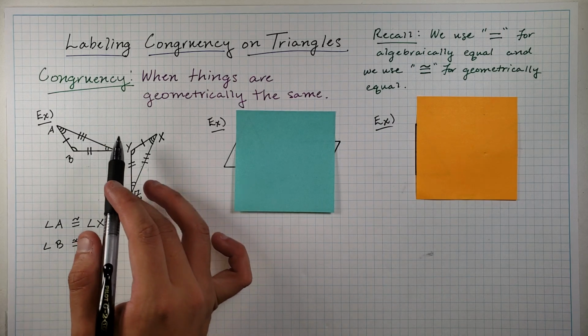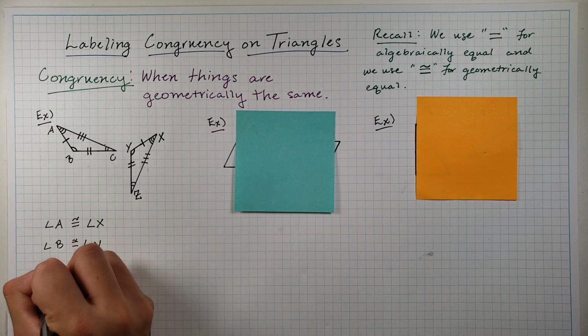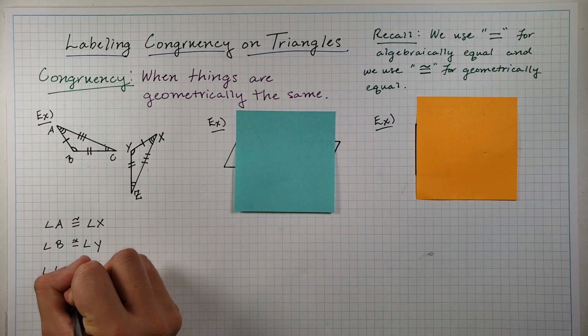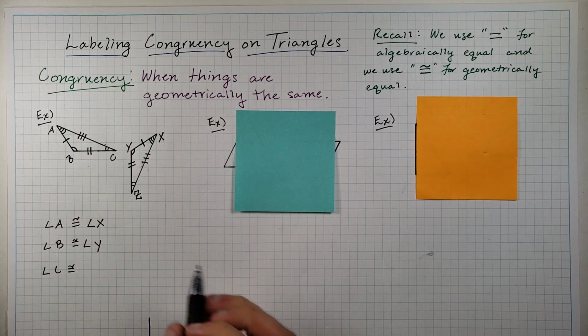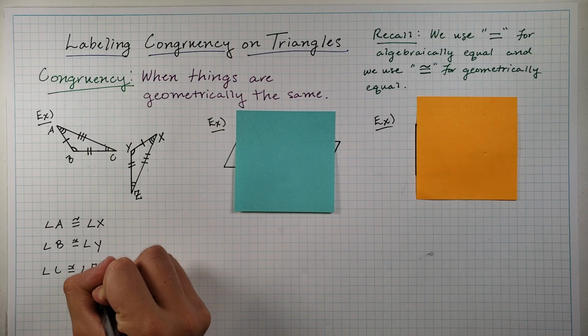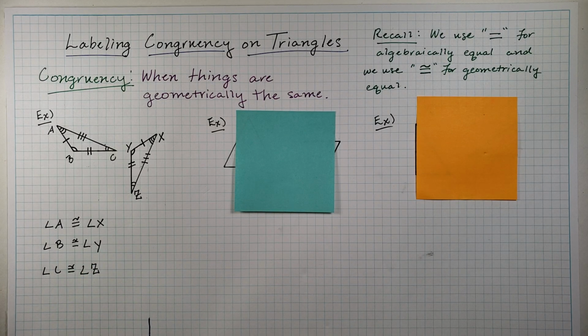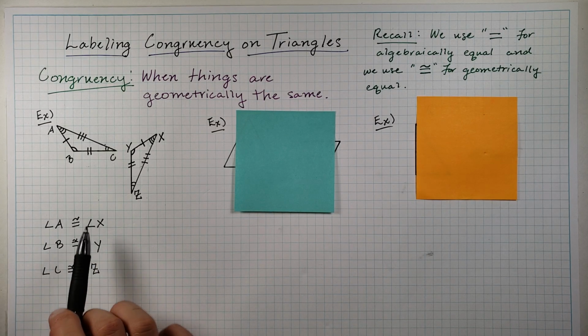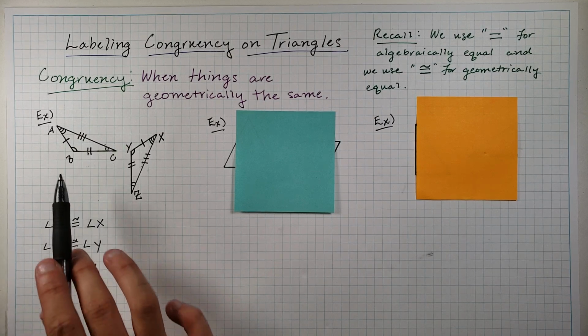And then we can do the same thing with the double angle. We can say angle C is congruent to angle Z. So here we've labeled the angles being the same.